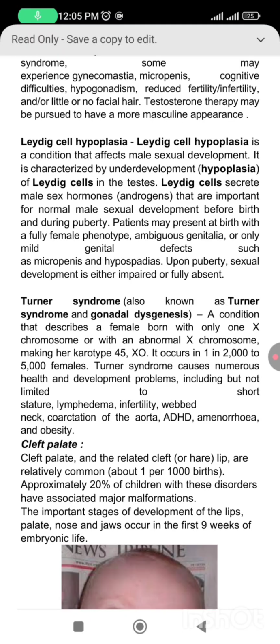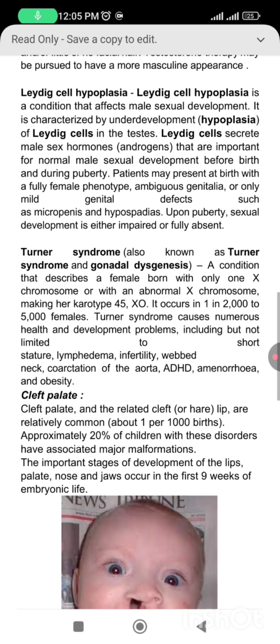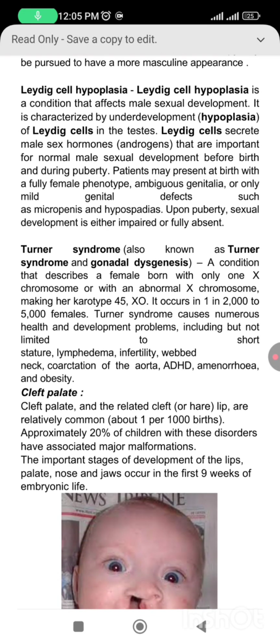It occurs in 1 in 2,000 to 5,000 females. Turner syndrome causes numerous health and developmental problems, including but not limited to short stature, lymphedema, infertility, webbed neck, coarctation of the aorta, ADHD, amenorrhea, and obesity.